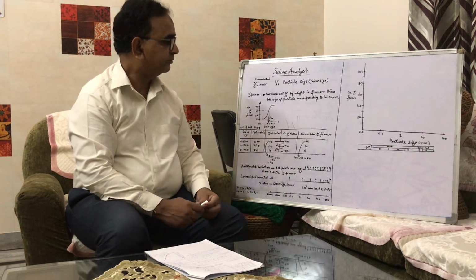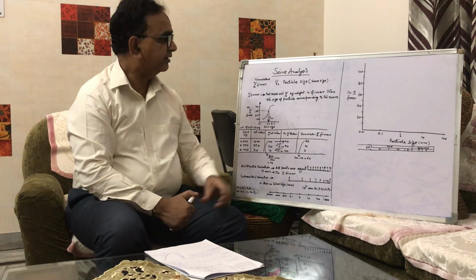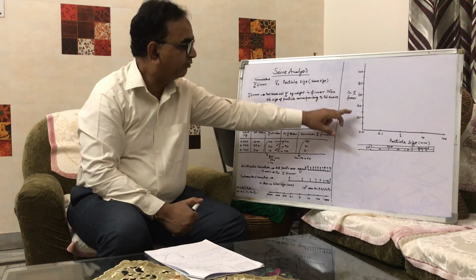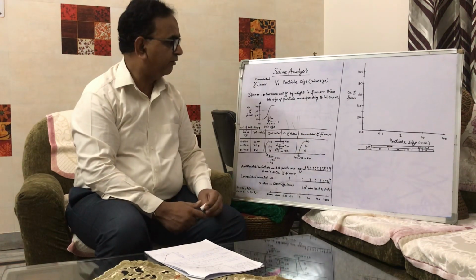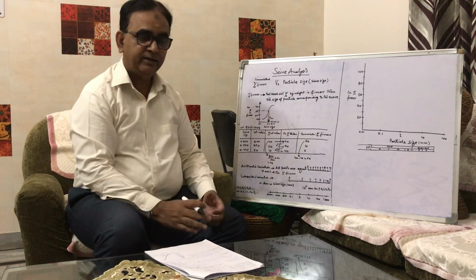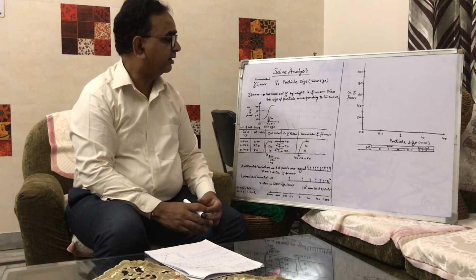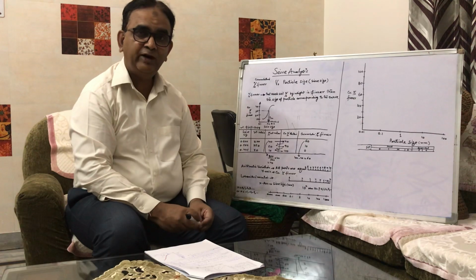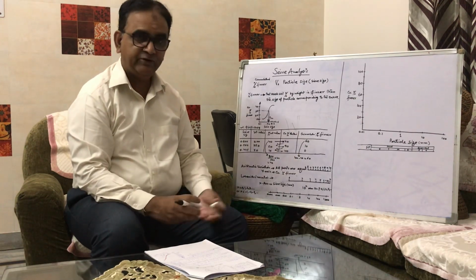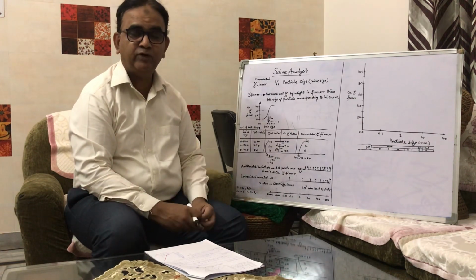So here, for the cumulative percent finer versus particle size, first of all we have to find out the limits of the graph. For the percent finer, the limits are obviously 0 to 100%.